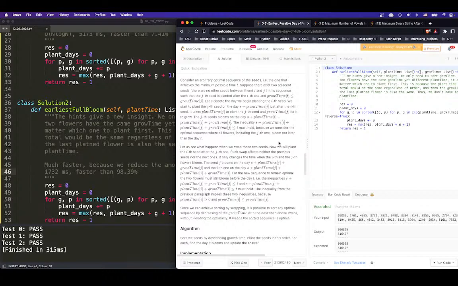So grow time i is in front, but this one's smaller. We start to plant the jth seed on the day just after the ith seed. To plant the jth seed and grow, the jth seed blooms on the day S plus plant i plus plant j plus grow j.